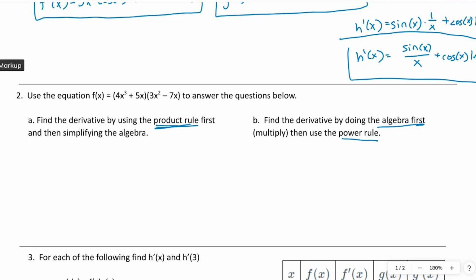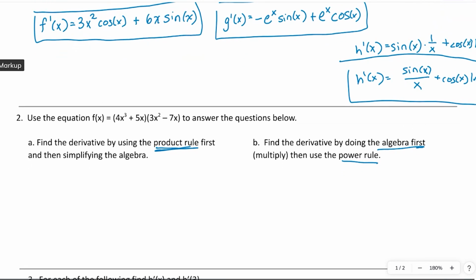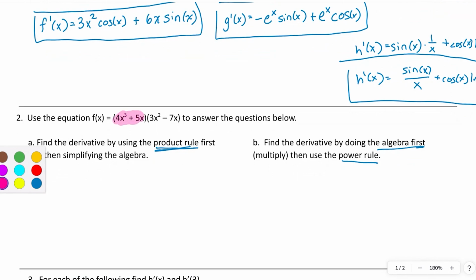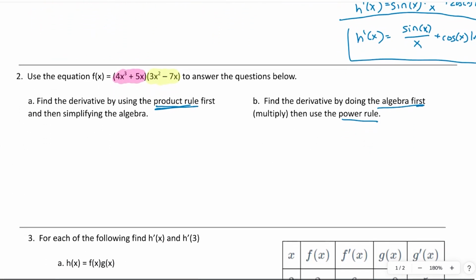In this example, we've got 4x cubed plus 5x as our first function, and we've got 3x squared minus 7x as our second function. Those are our factors.